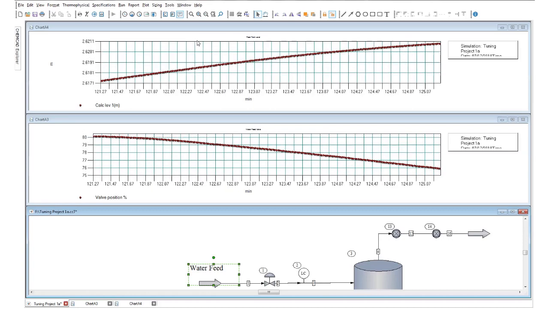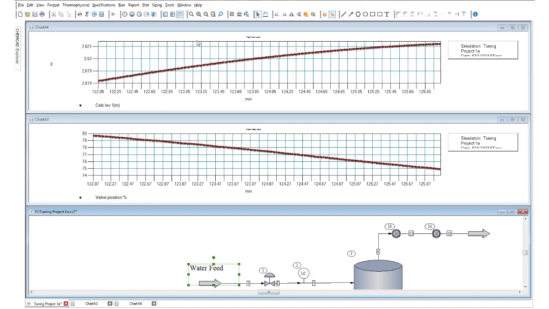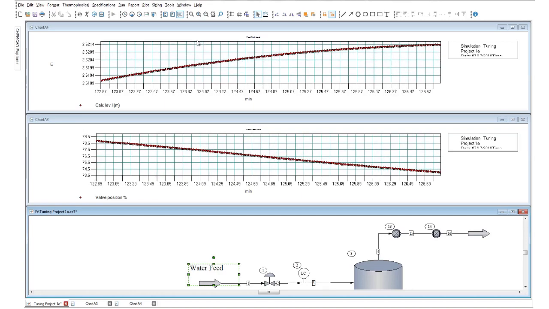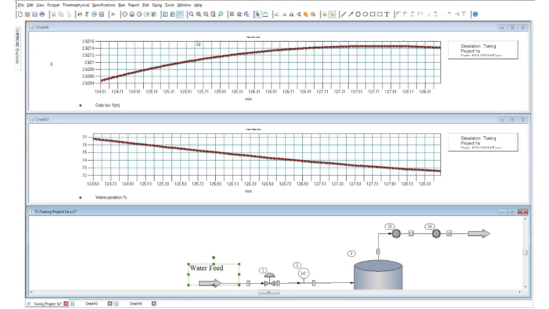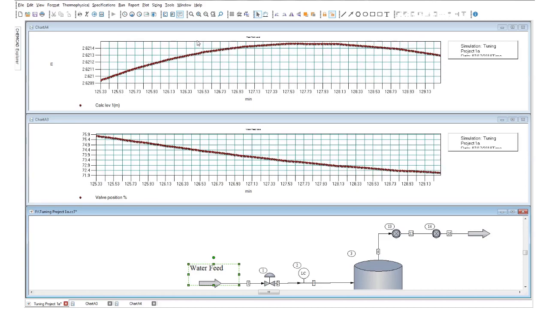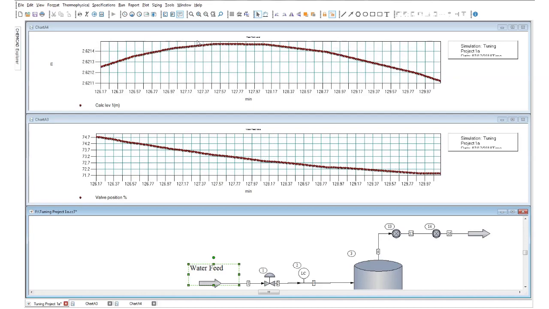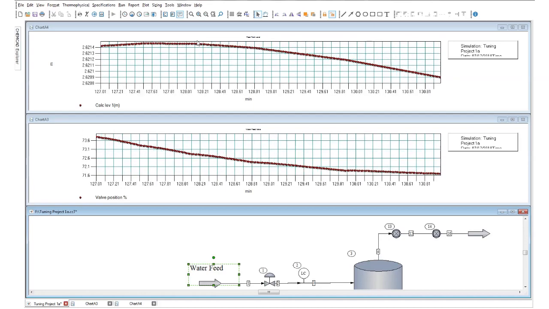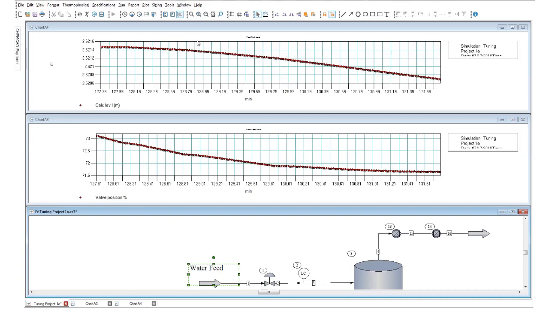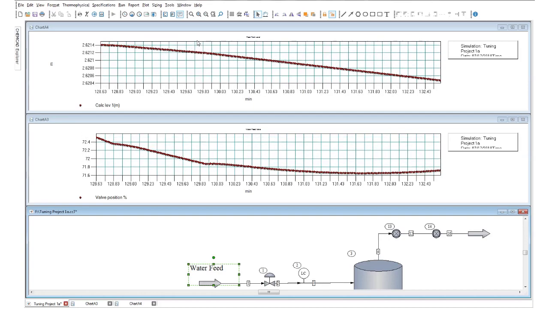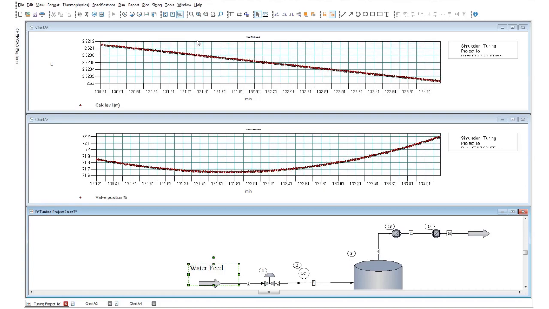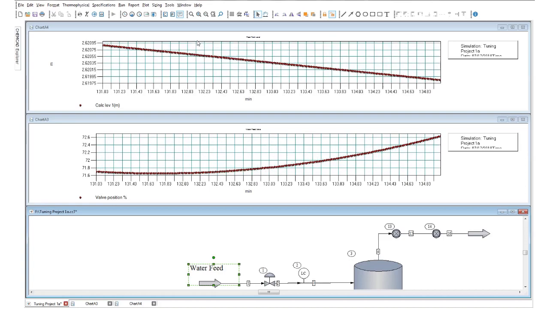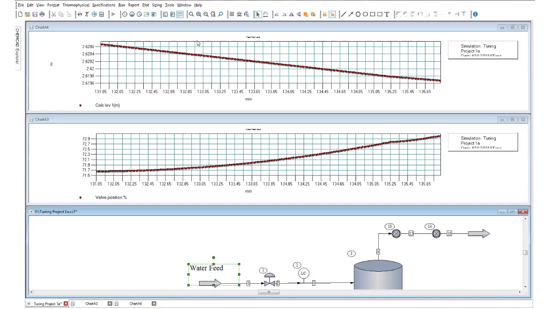Even though we had that significant pressure loss, we're still able to maintain that level right at our desired point of 2.62 meters. And so we would be in proper tuning for this, and this will allow us to control our process even though I might have some upsets.